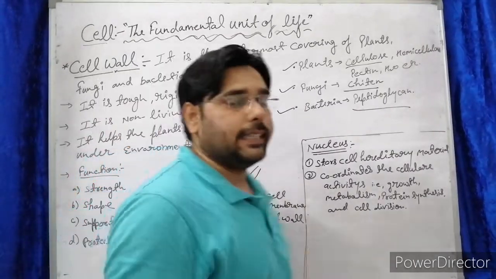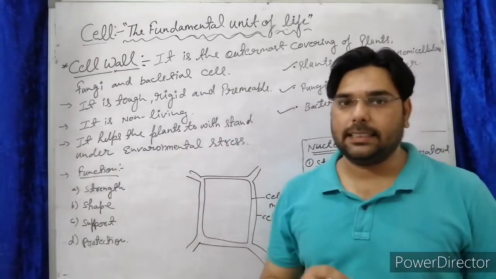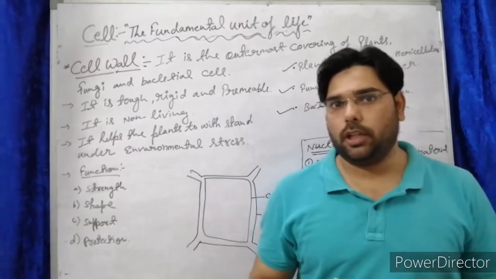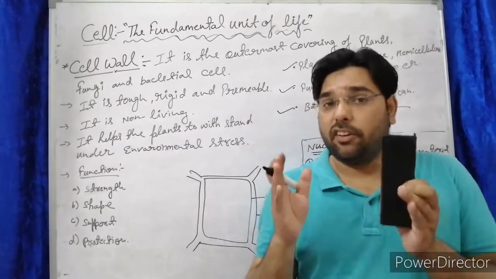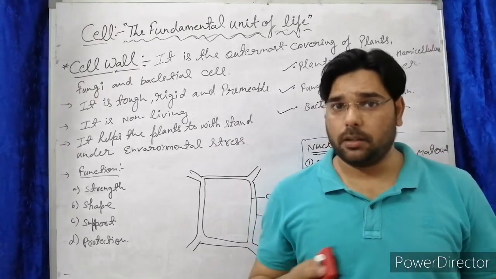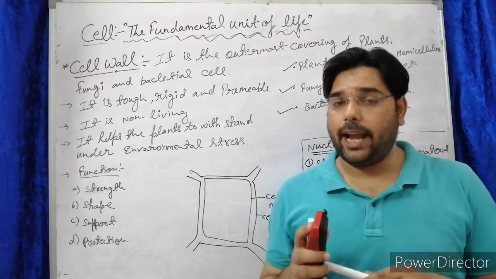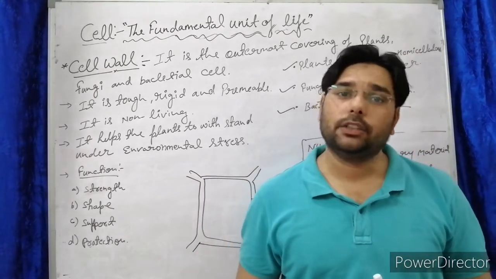So what does this cell wall do? What is the role of cell wall? Besides discussing the function, we should know some facts. This cell wall is very tough, rigid and permeable. Tough and rigid means it does not move, and permeable means it allows all substances to pass through it.